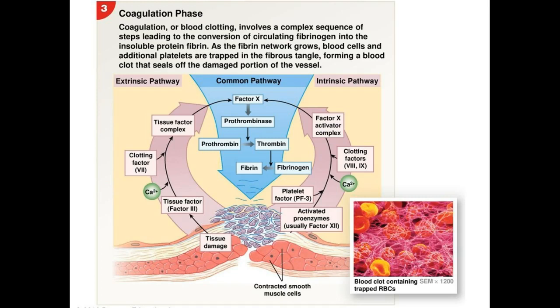They have to become activated for this. So extrinsic is first, fast acting, then the intrinsic, and then the common pathway comes through. The common pathway completes the clotting process by converting fibrinogen to fibrin.